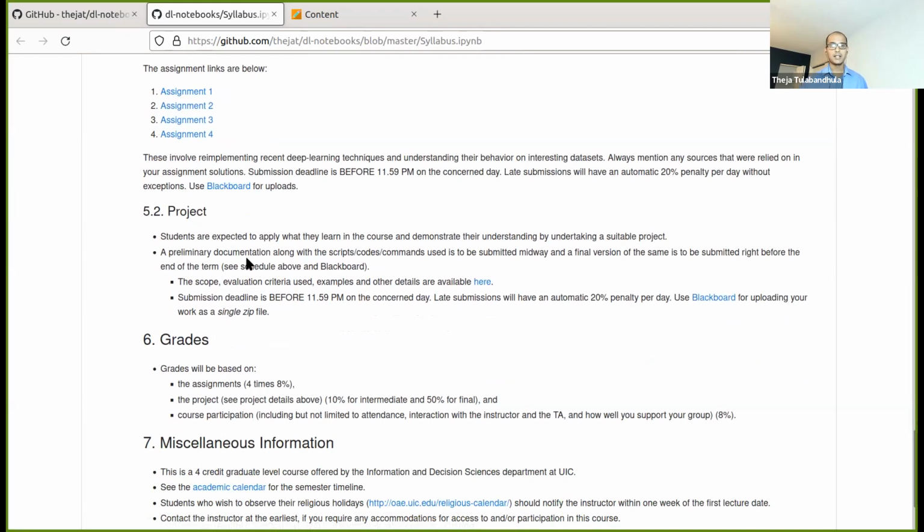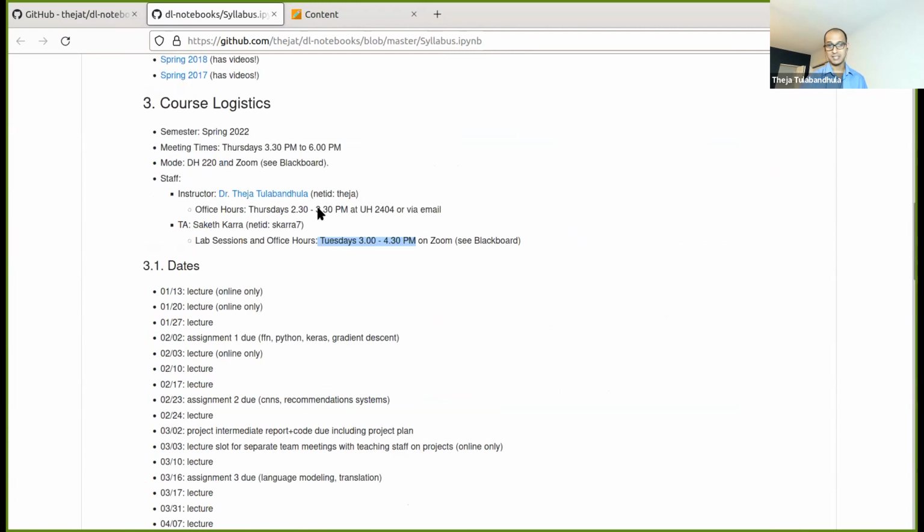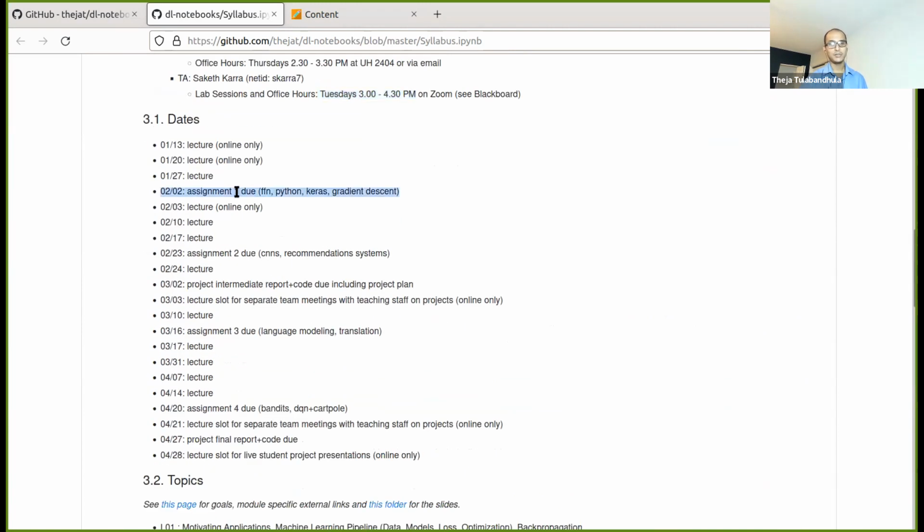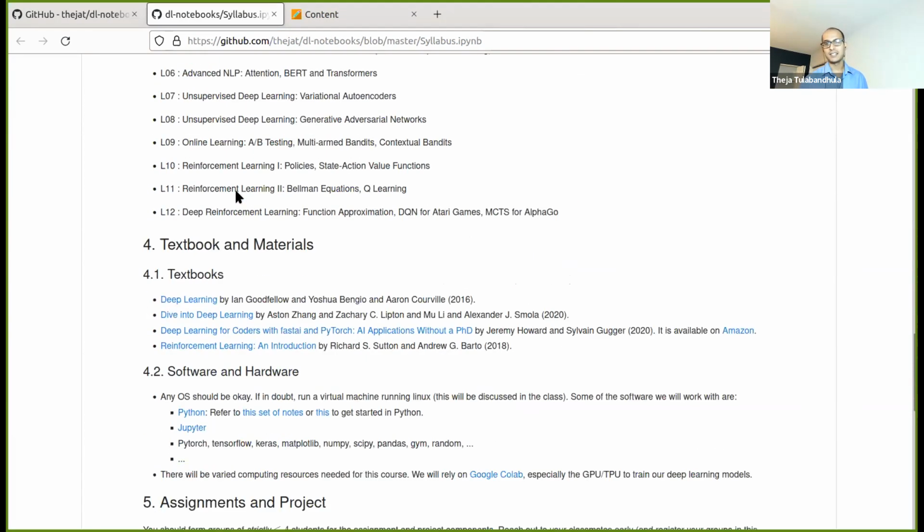The assignments are already up in the repository if you want to have a quick look at them. But they have strict deadlines, and the expectation is that you plan your calendar beforehand. Okay, so you have an explicit list of dates for when assignments are due, go to your calendar and put these things in, because if you don't allocate time and at the last moment you want one extra day because, hey, I didn't realize training 100 steps of a neural network is taking too long, that's something you need to plan in advance.